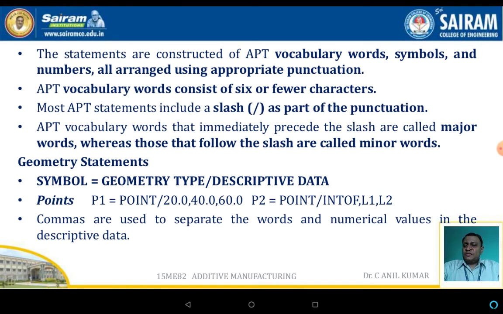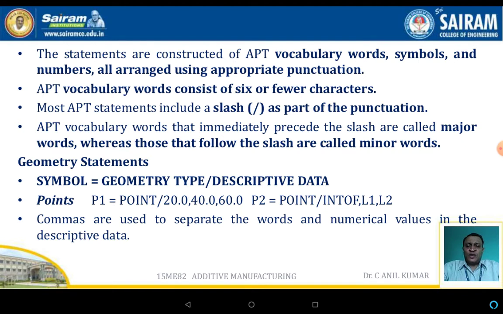Now, the statements are constructed of APT vocabulary words, symbols and numbers, all arranged using appropriate punctuation. APT vocabulary words consist of six or fewer characters. Most APT statements include a slash as part of the punctuation.